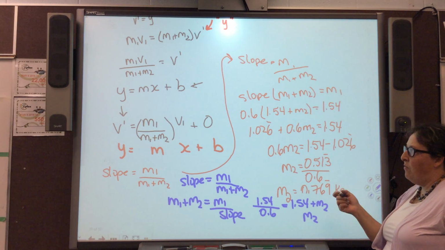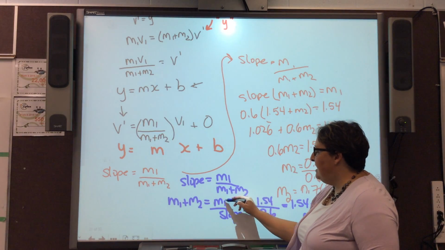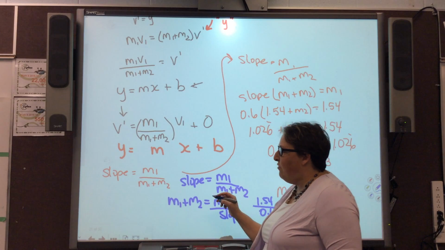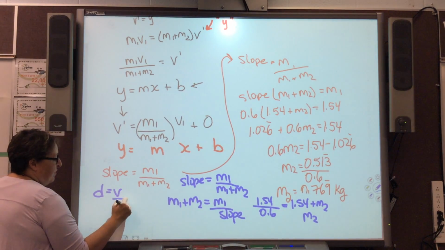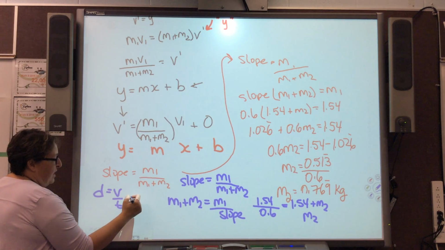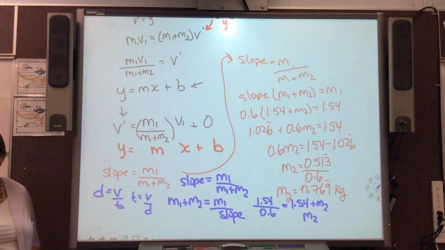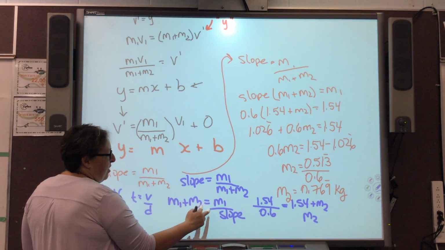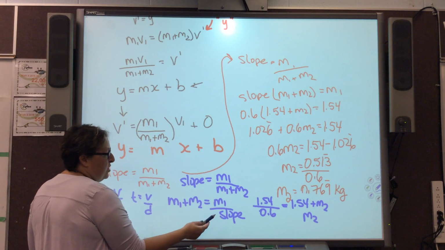You can do it another way. You can go slope equals m1 over m1 plus m2 and leave this as a whole unit. And we know that if we were to do distance equals velocity times time, if we were looking for time, we just switch. Time is equal to distance over velocity. Right? We know that part. So if we just switch these two around, we have m1 plus m2 is equal to m1 over slope.